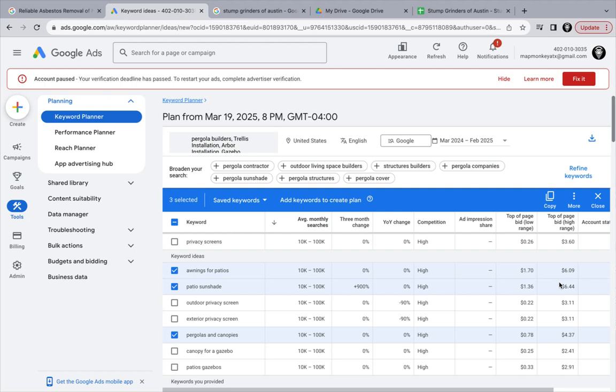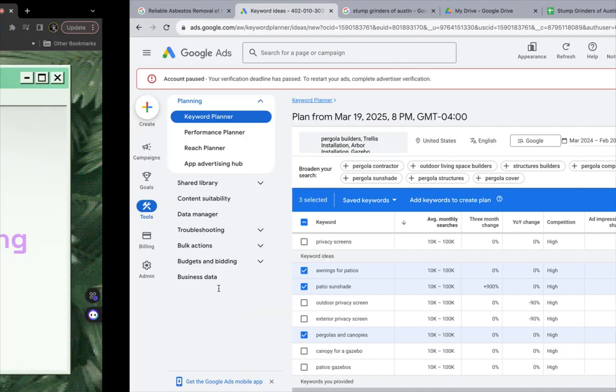So the bar is quite low. That may be the case with this as well, that it requires less specialized skills. So I took that into play. Let me think about targeting those as the main keyword instead, like patio sunshades and awnings.